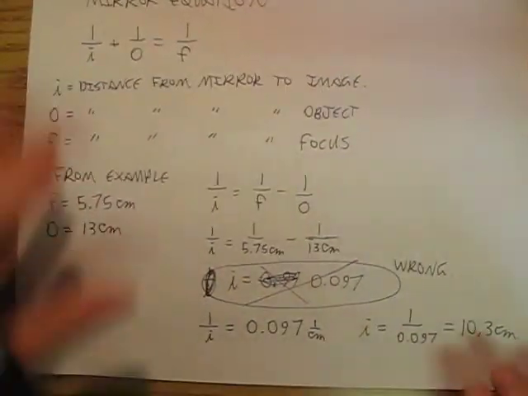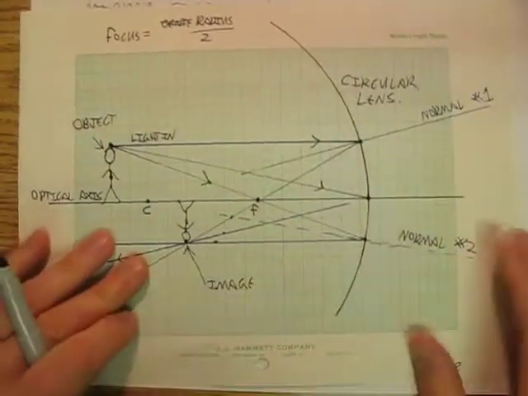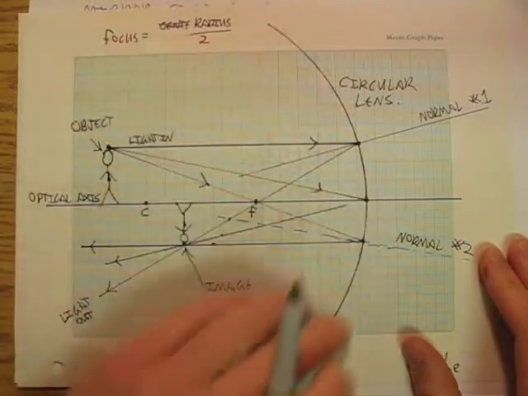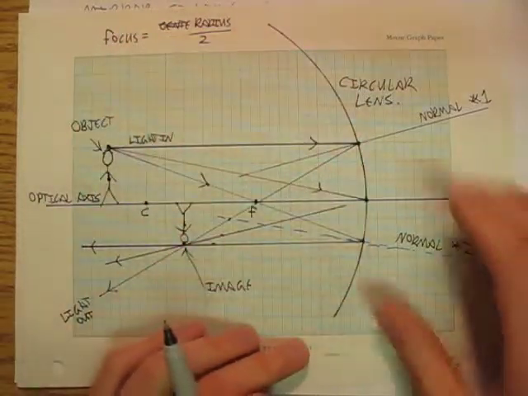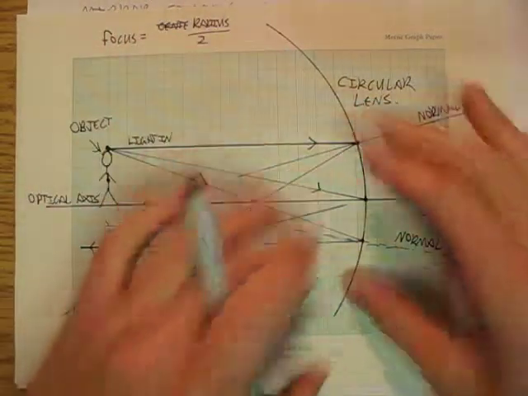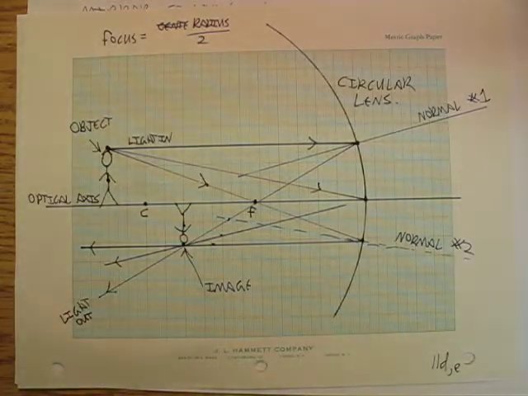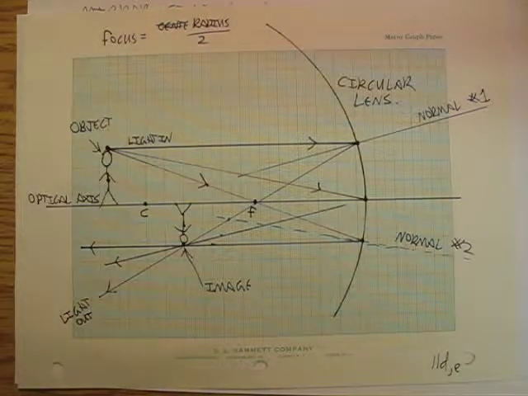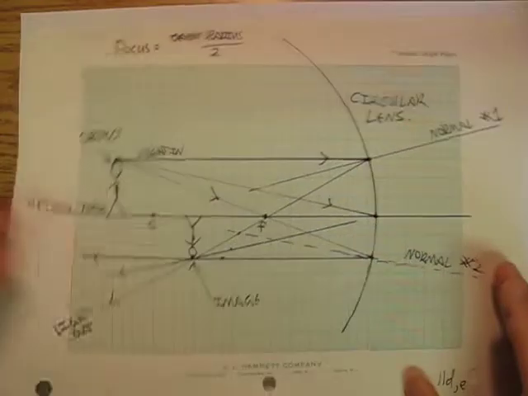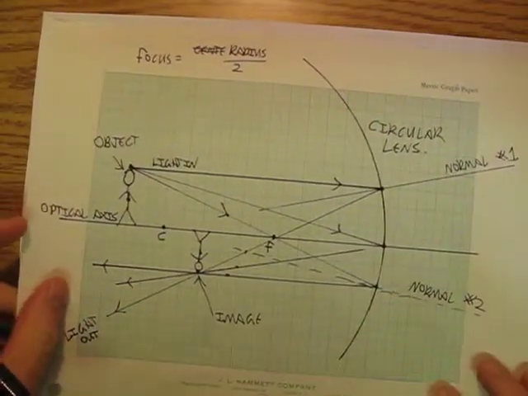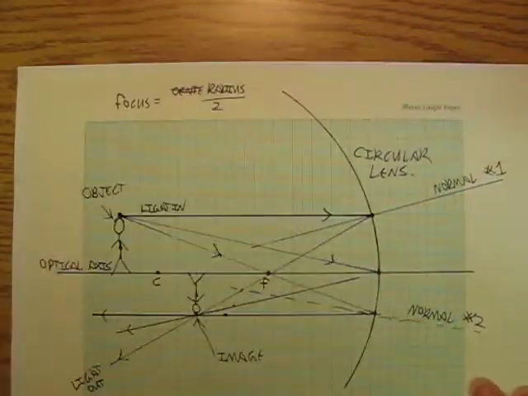Okay. So this is looking at the actual curvature. And so what we're going to do in the next examples is we're going to sort of simplify it.